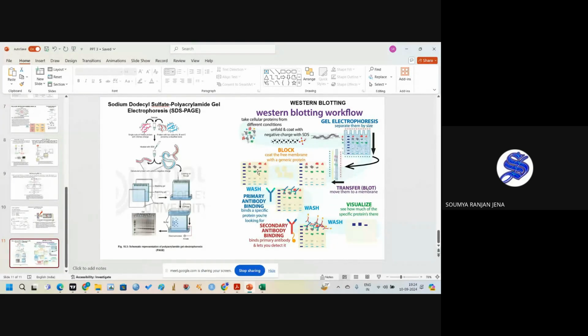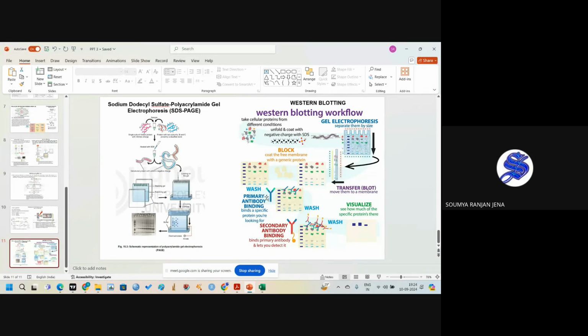SDS molecules. Then on the membrane you can add a primary antibody against the TP53 gene product, and this primary antibody binds only to P53. Then you can add the secondary antibody, which binds to the Fc region of the primary antibody.